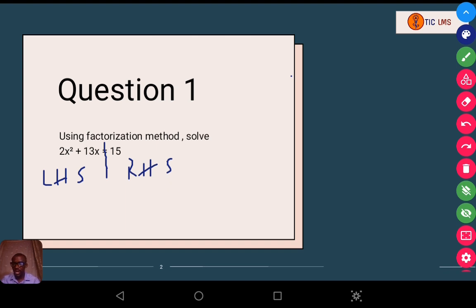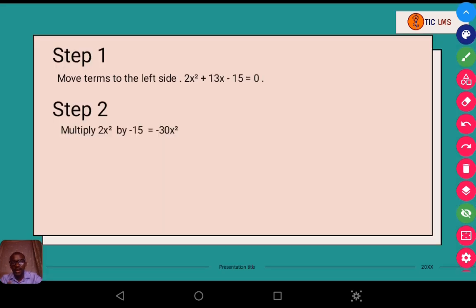Likewise, when you are moving any number from the left hand side to the right hand side, the sign will change as well. If it was positive, the sign will change to the opposite. If it was negative, the sign will change to the opposite. All right, and that's why we have this here, that is 2x squared plus 13x minus 15 equals 0.